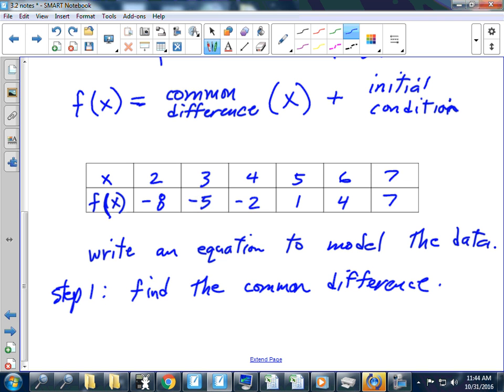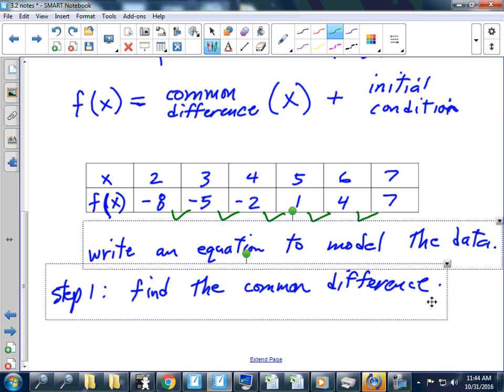In this case, what's the difference between any of these two entries in my table? Phoenix, what do you think?